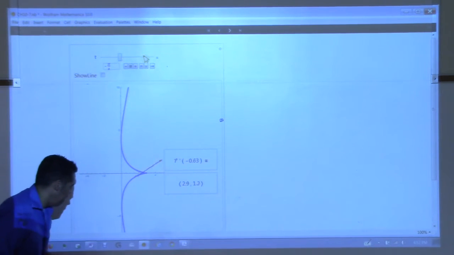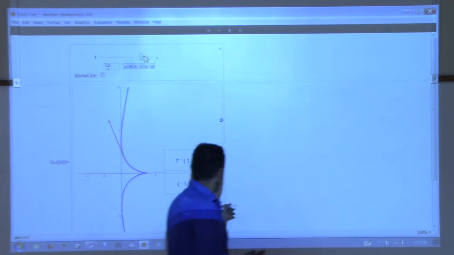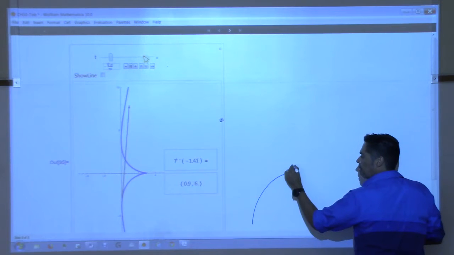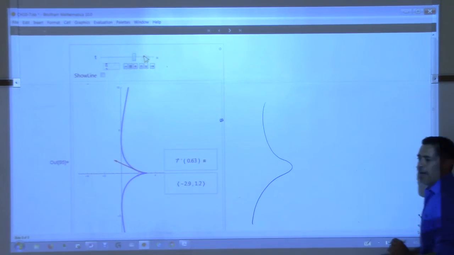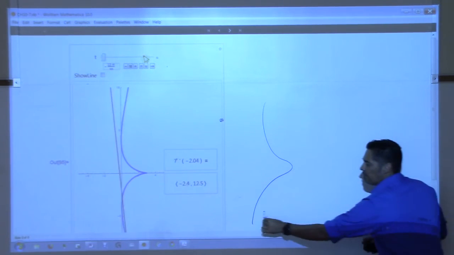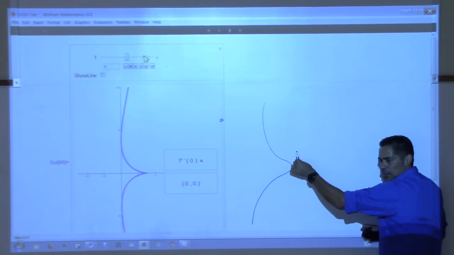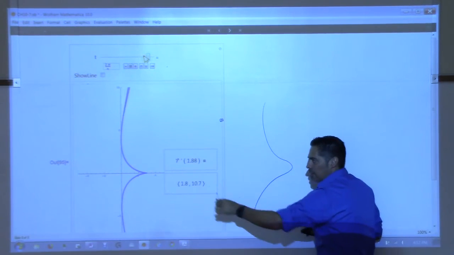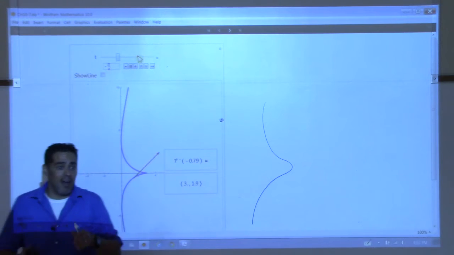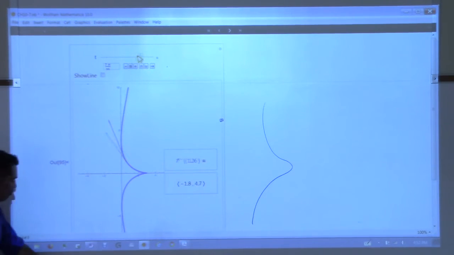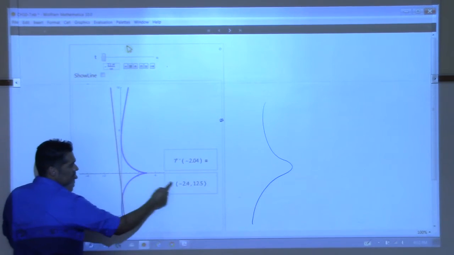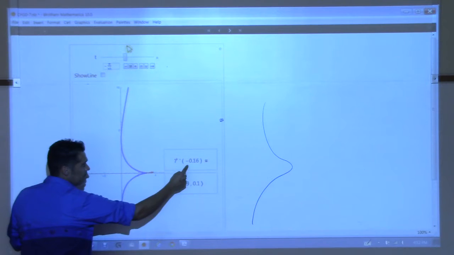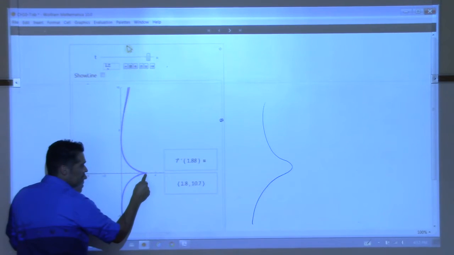Had this done something more like this, we would have smoothness, because it would be a nice continuous transition like this. But the cusp messes up our smoothness, and the check for that, the thing that will tell you, is that the derivative of the vector function will give you the 0 vector there.